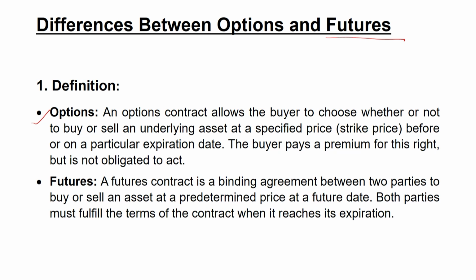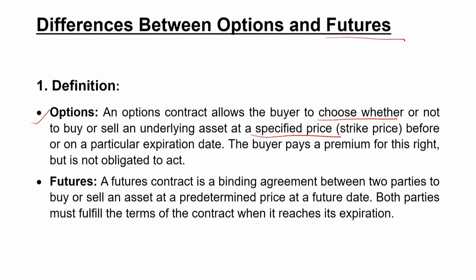So the buyer chooses whether or not they want to buy or sell the underlying asset under the contract at a specified price before the maturity of the contract. They only need to pay a premium to the other party, and they have the right of either buying or selling the underlying asset at the strike price negotiated under the contract.